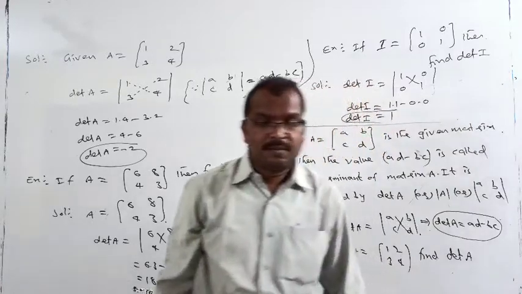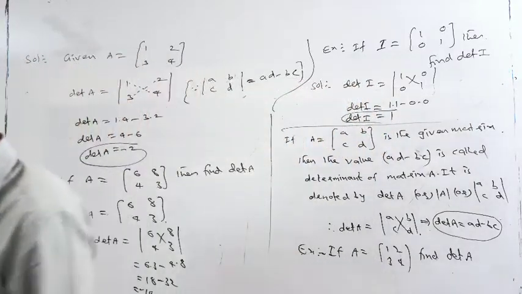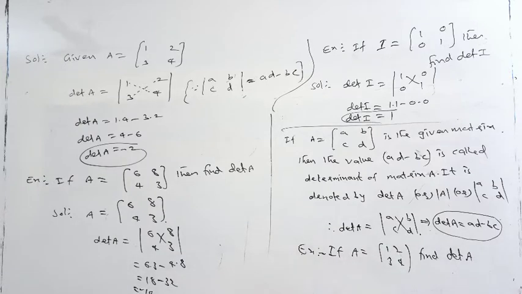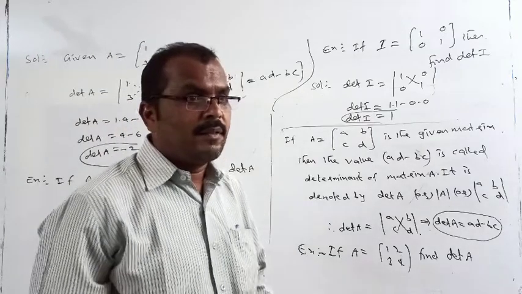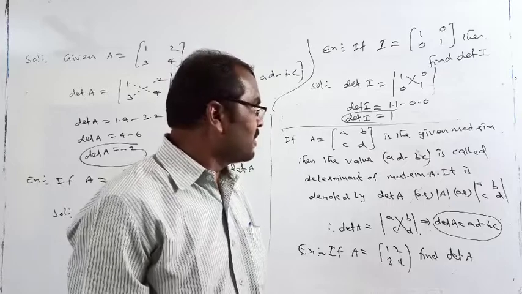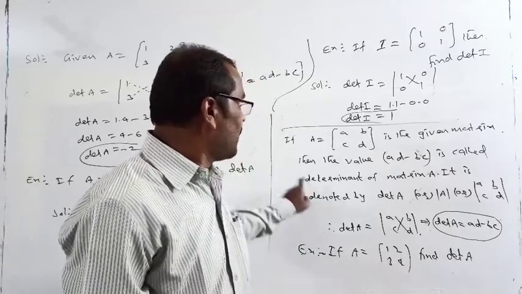The determinant of the identity matrix I is always 1 for any order. It is applicable for any order. So write it down.